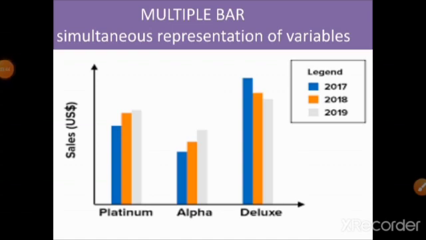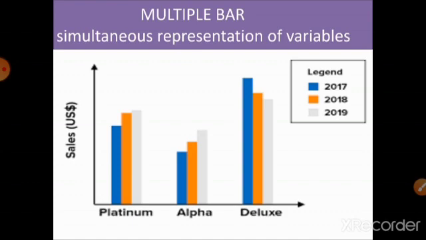Multiple bar diagrams are mostly used for comparing two or more sets of data. Here in this diagram you can see three variables, that is platinum, alpha and deluxe. In each year you can see the sales of platinum in 2017, the sales of alpha in 2018 and the sales of deluxe in 2019.